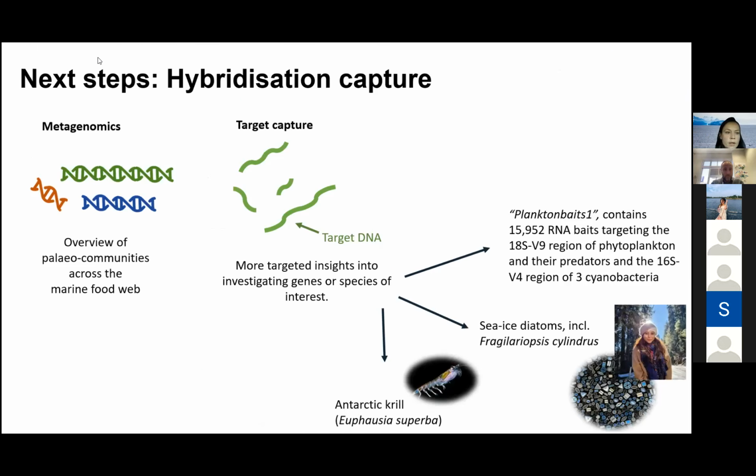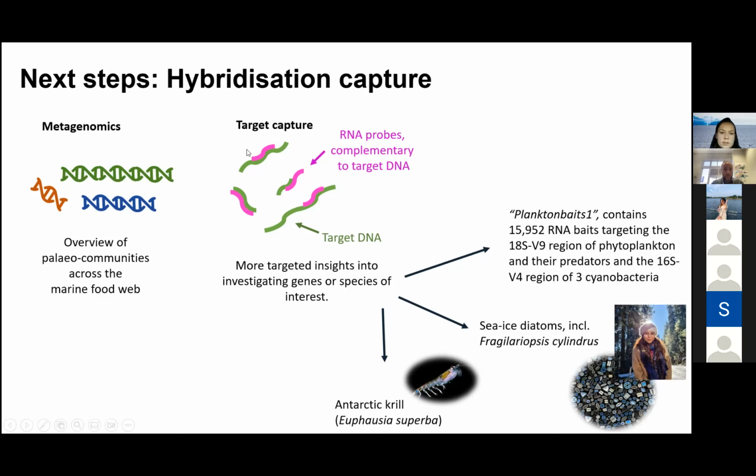While metagenomics, what we've just done here, gives us a broad overview of the communities of the past, when we use target capture, we introduce little RNA probes that we can design the way we want, whether that is matching a taxonomic gene, a functional gene, or a whole genome of one single species. We can design them to be complementary to any type of DNA that we'd like to amplify, and then have a more detailed look.